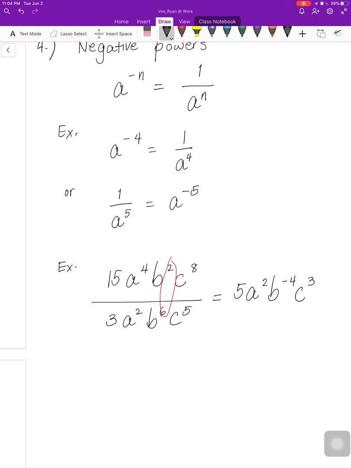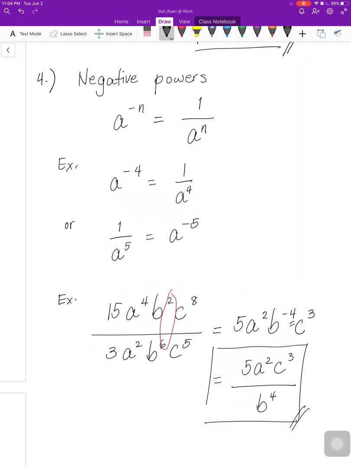Now you can see you have a negative index there, so you can quickly put it on the denominator. Works the same way: 5a squared c cubed over b to the 4. But don't forget to remove the negative sign once you transfer it to the denominator. So that's the negative powers rule.